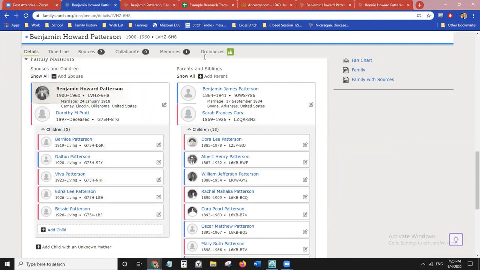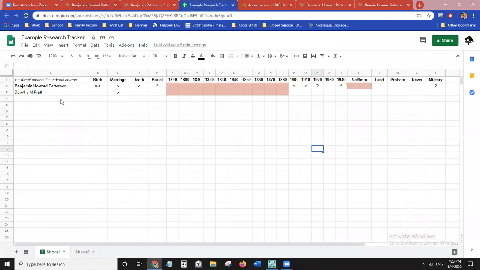So I'm going to enter their names on my research tracker so I know that I want to research them in the future. So we have Bernice, Dalton, Viva, Edna, Lee, and Bessie. So Bernice.